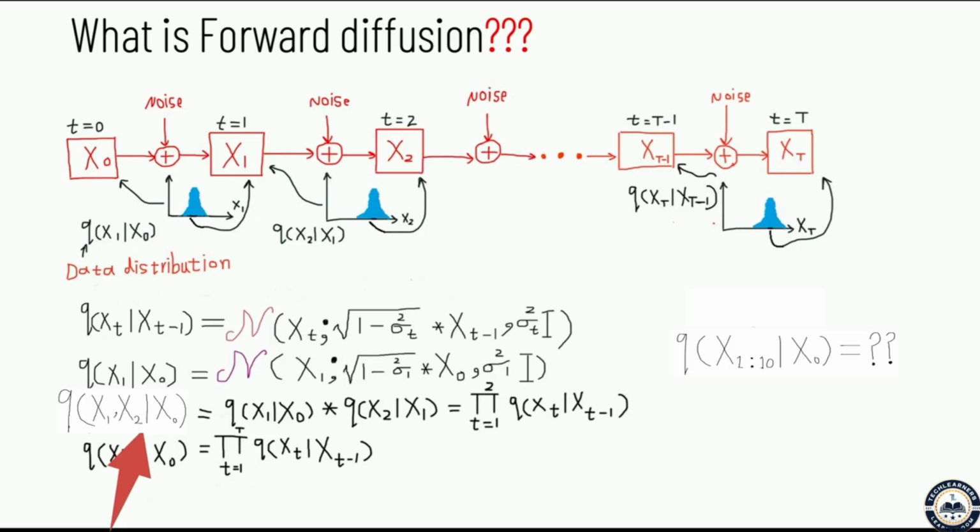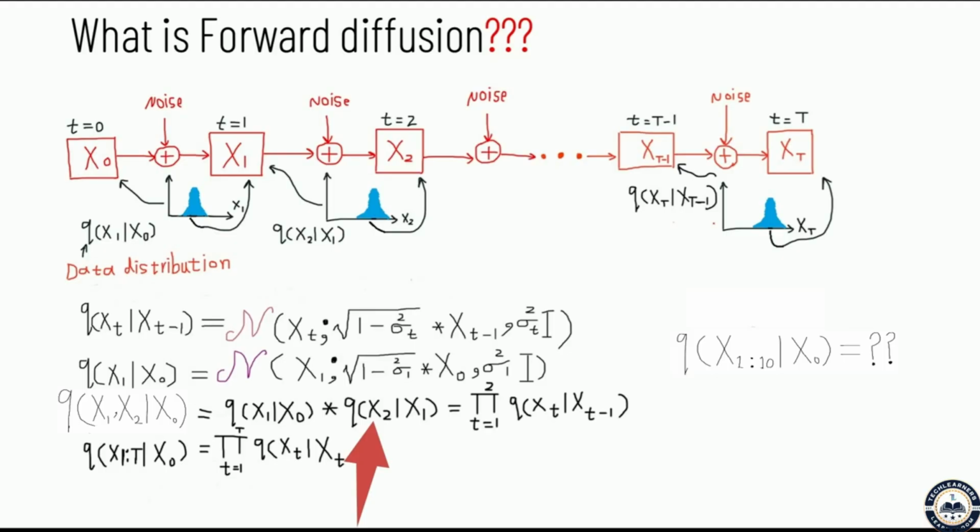This distribution will have the probability density for each possible combination of x1 and x2 variables, or in other words, all possible sequences of x1 and x2. It is equal to the distribution of x1 variable given x0, which is q of x1 given x0, times the distribution of x2 variable given x1. So q of x2 given x1.